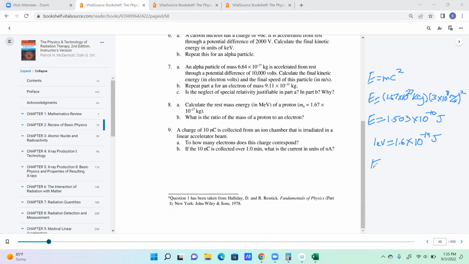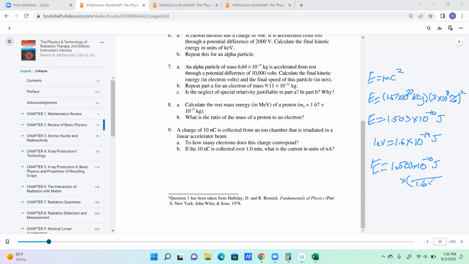So to find the energy, at least in eV, I'm going to take 1.503 times 10 to the minus 10th joules, and I want to convert the joules into eV.